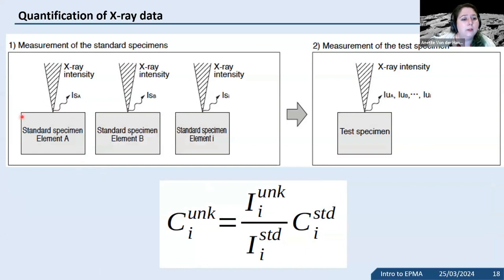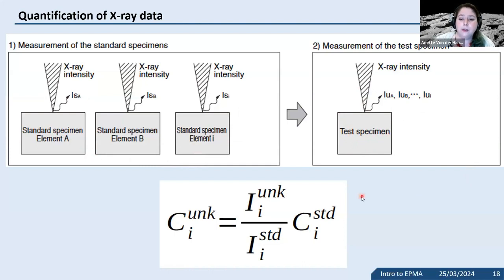We analyze our X-ray intensities on materials of known composition, often one for each element or just a few simple materials, and then we compare these X-ray intensities with the intensities that we're getting from our unknown material.